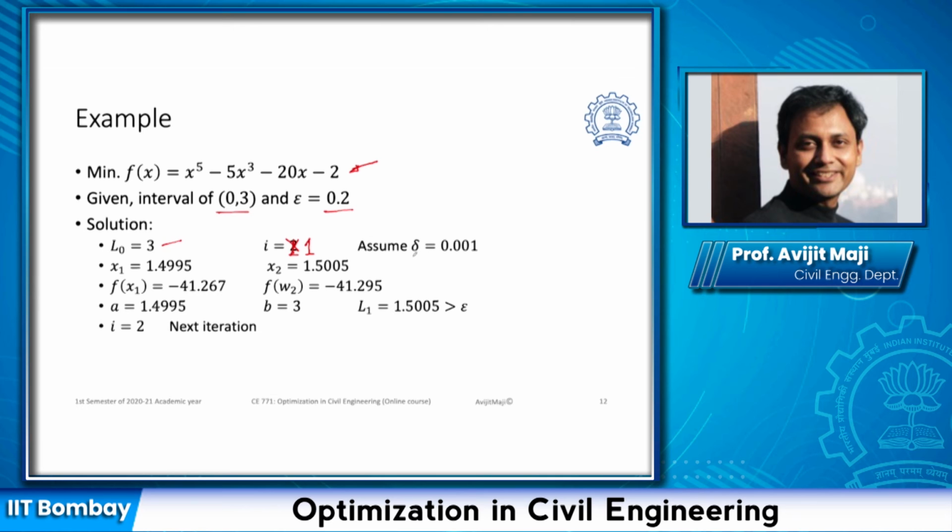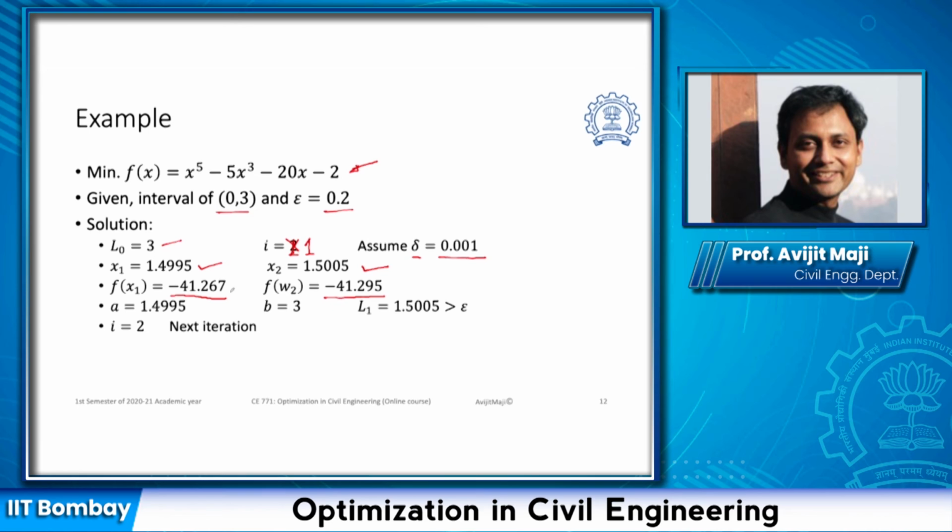In this case we are choosing the delta value as 0.001. For this value, the 2 points we obtain based on the existing boundary are 1.4995 and 1.5005. The objective function values at these new points are negative 41.267 and negative 41.295.